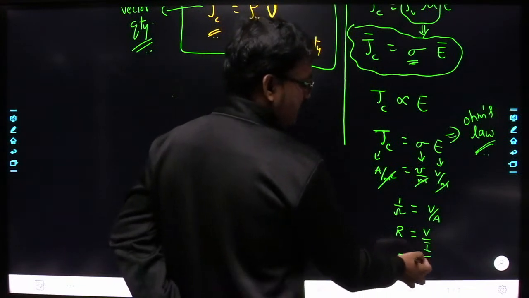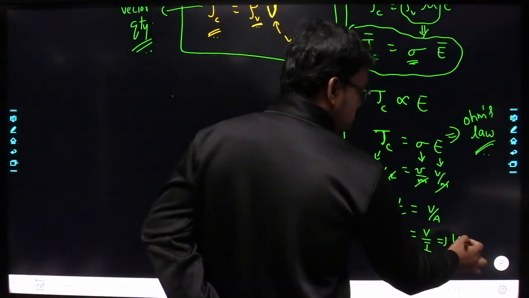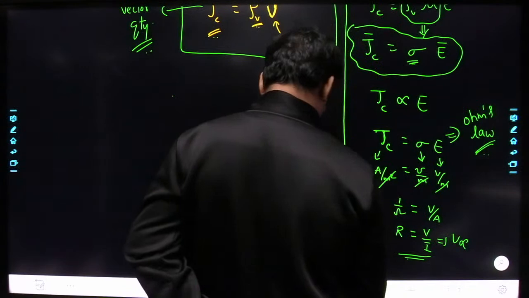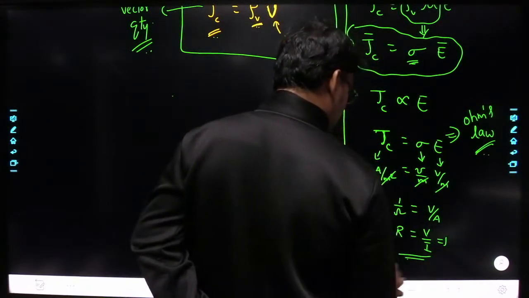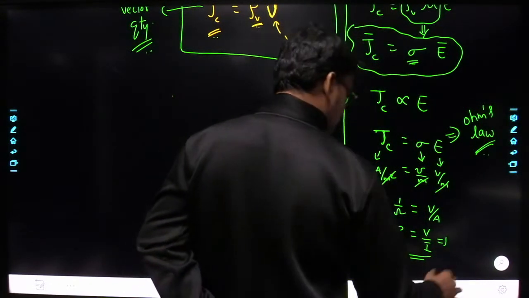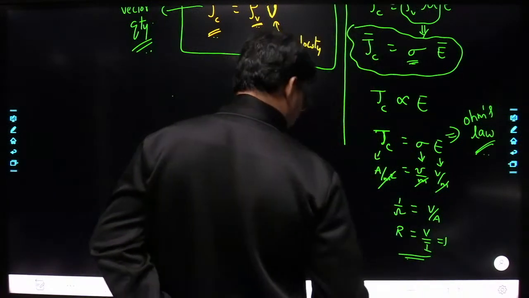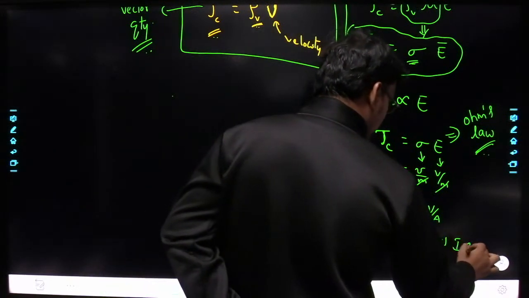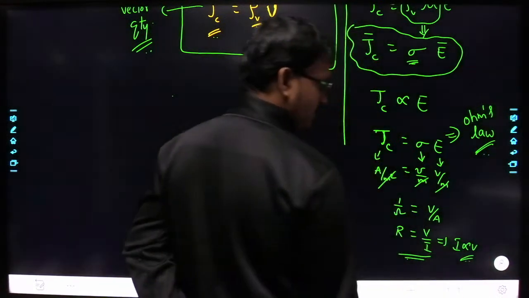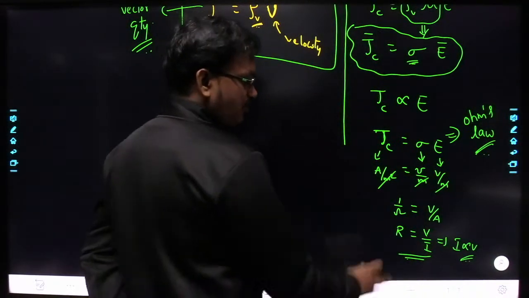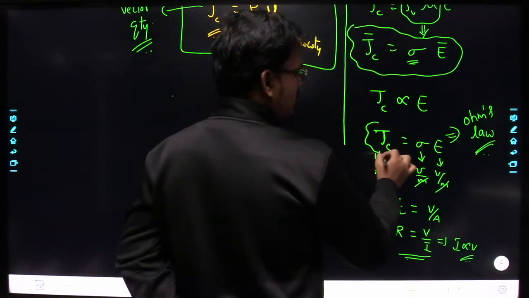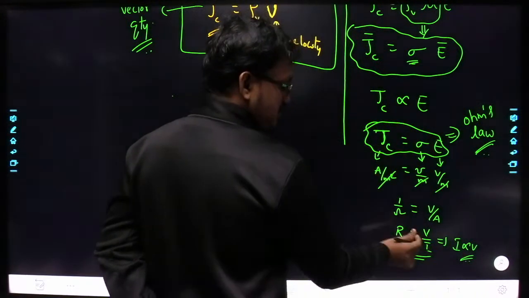So from here we are having I proportional to V. From this basic relation only, we got all these laws.